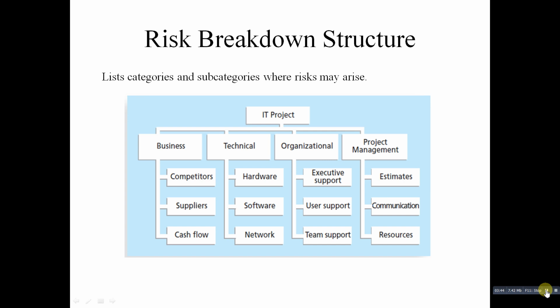In addition to identifying risk based on the nature of the project or products created, it is also important to identify the potential risk according to project management knowledge areas.